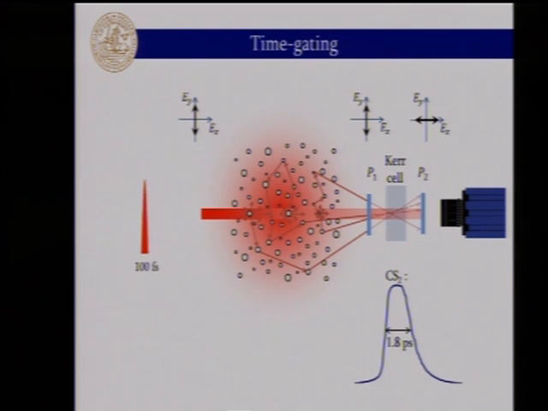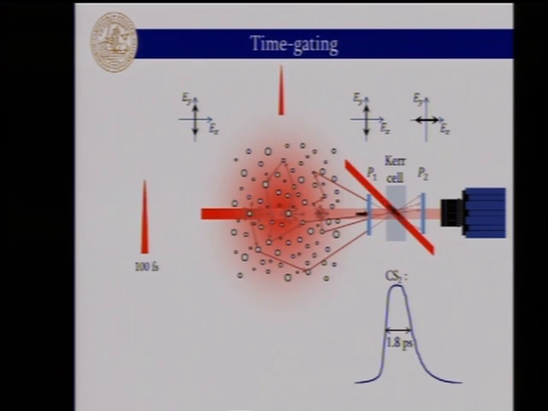To excite this medium, you use another pulse. So you send a pulse into a Kerr cell, and then you have a leakage, and then it reaches the camera. And the response of the Kerr medium, which is CS2 most of the time, is in the range of 1.8 picoseconds. So then you can time gate light at such a scale and get the first photons reaching your camera.